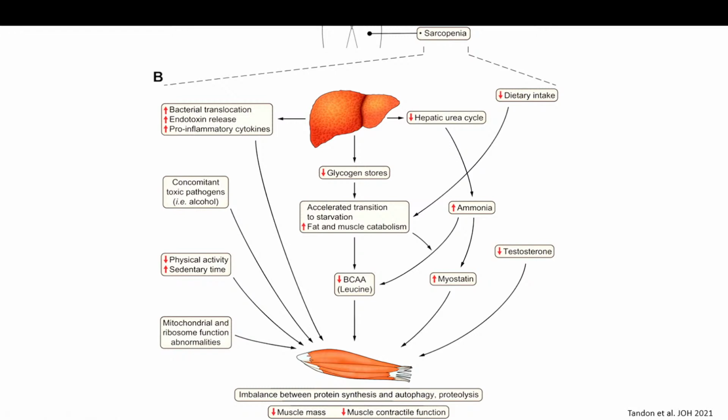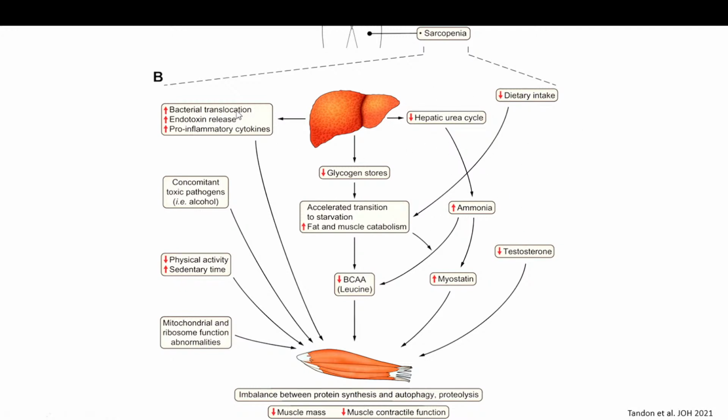You've seen this slide multiple times. I would like to just highlight a few points over here. The pathogenesis of sarcopenia is not one single mechanism, it's multiple mechanisms. It may be because of the etiologies, and you need to take care of that. Inadequate activity and a more sedentary lifestyle. Ammonia, we've talked about.